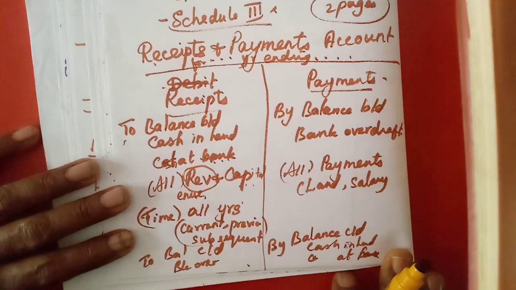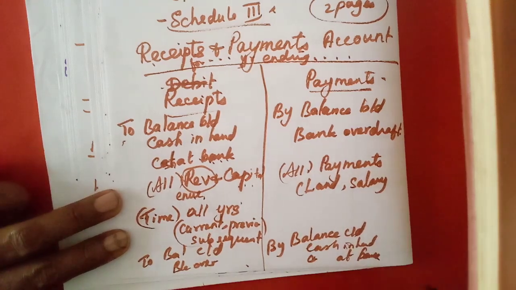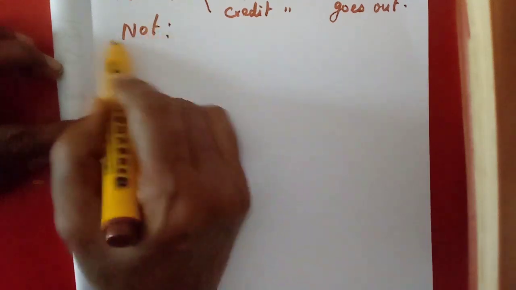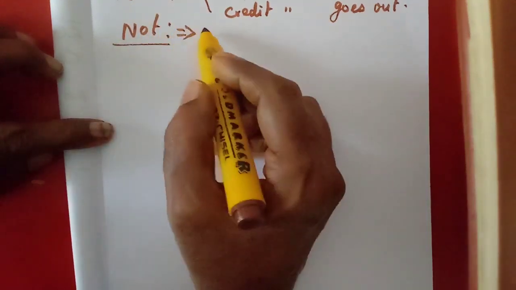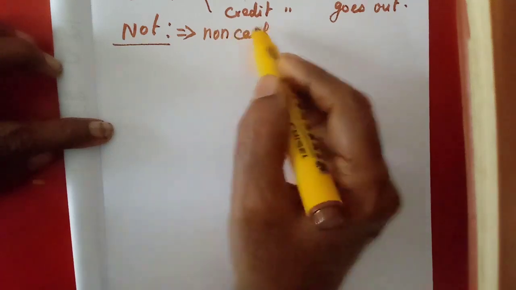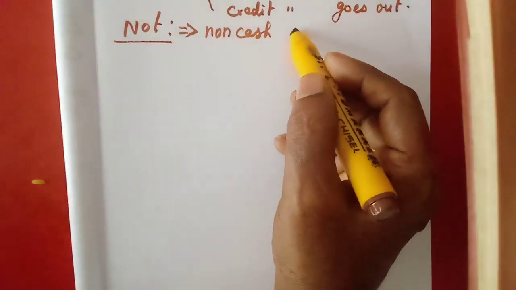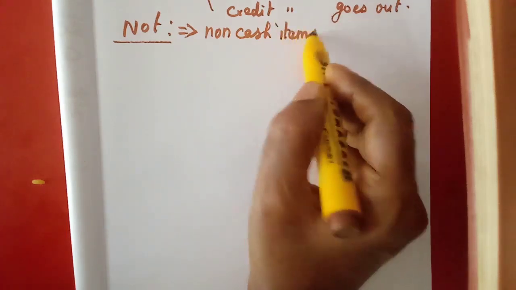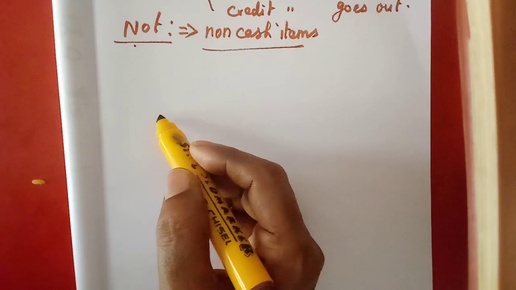Okay, then here one thing you have to remember: what should not be entered. Non-cash items. I have told you already, you have to check whether cash is received, cash is paid. So, non-cash items should not be entered.